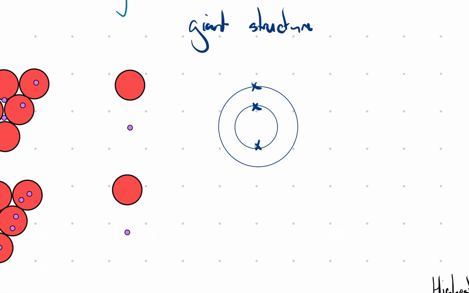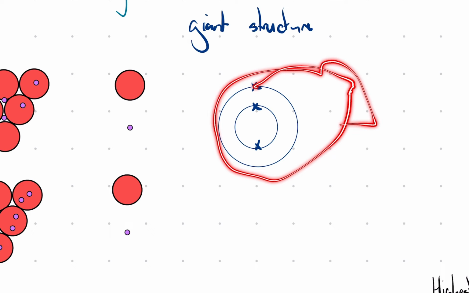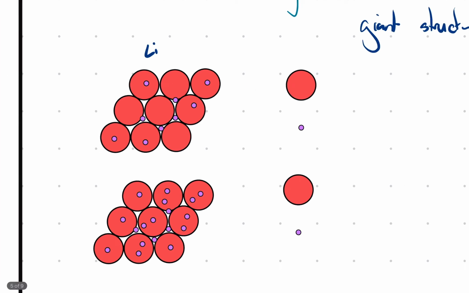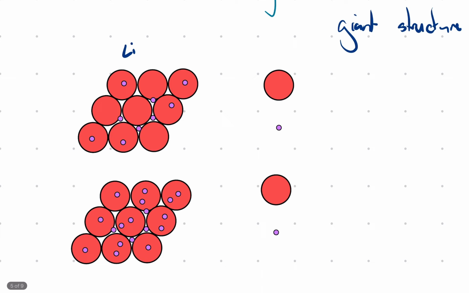This electron becomes delocalized and starts moving around the giant structure. So here we've got our Li+ ions, and here we've got our delocalized electrons.